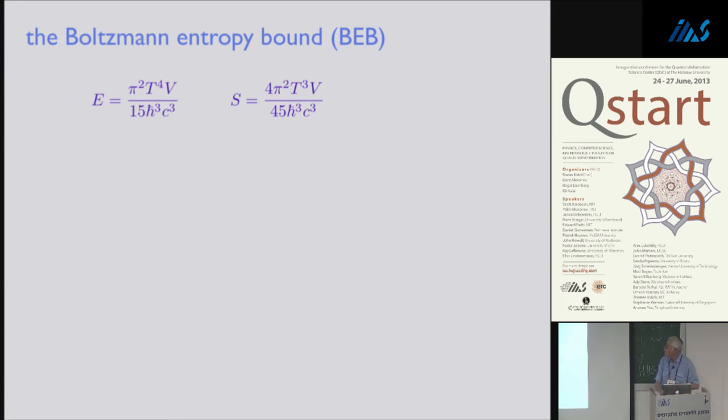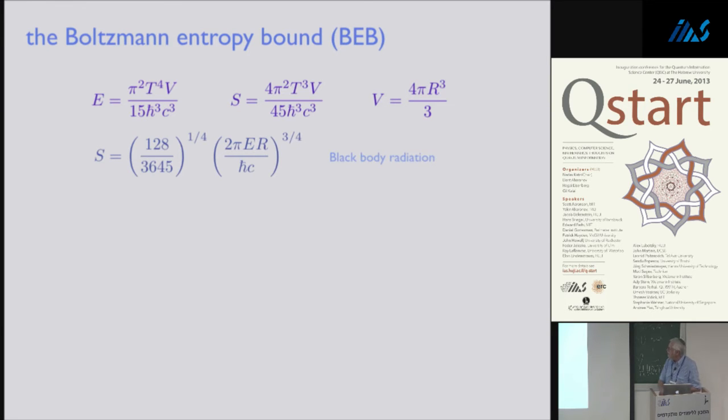Let's see what this bound looks like. We have the two formulae by Boltzmann. T is the temperature, V is the volume, and E and S are the energy and entropy of thermal radiation, very old formulae from 150 years ago, something like that. Let's take the volume as spherical, radius r, and eliminate temperature between the two formulae of Boltzmann, and you get this relation between entropy, energy and radius.